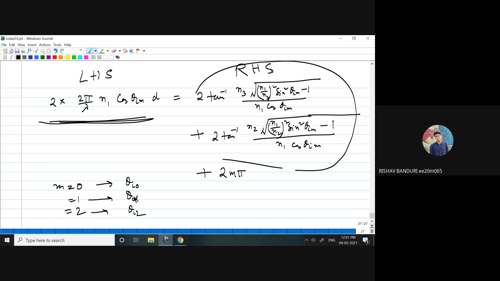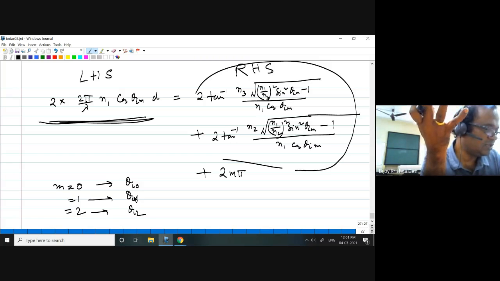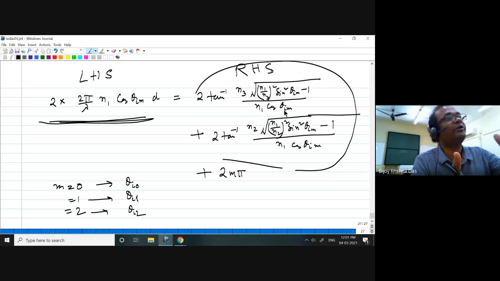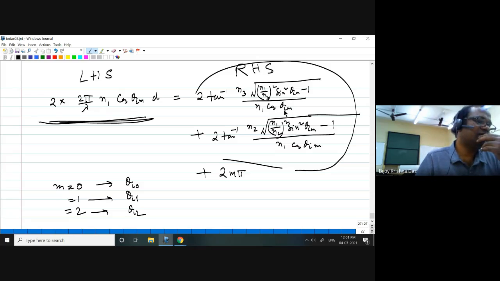That is what I discussed. That is the reason the expression is different. How do you get this different expression? Because you have used a different boundary condition. Your Fresnel's equation itself is different for TE and TM. So from there you are getting this different phase.